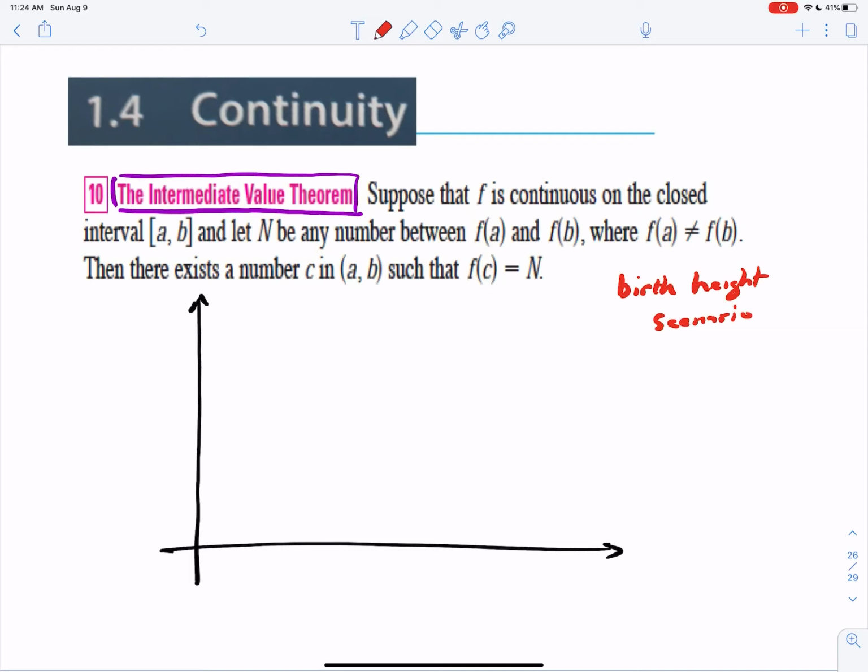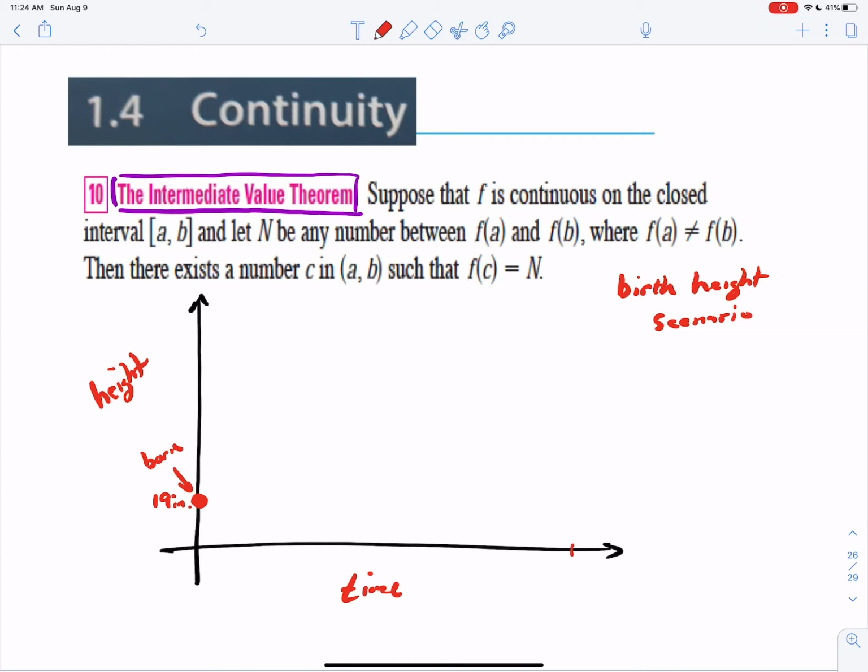So let's suppose that this was time and this is height. All right? Let's say that when Jennifer, I'm just making up a name, Jennifer was born at 19 inches tall. So this is when she was born. Okay? At time 0, right?